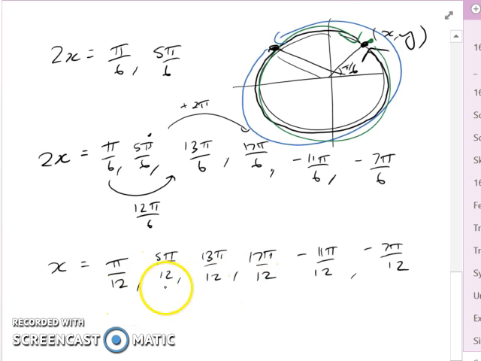Okay, let's just stop and notice something. Pi on 12 to 13 pi on 12, what have you added? 12 pi on 12, or pi. Yeah? 5 pi on 12 to 17 pi on 12, what have you added? Same thing.